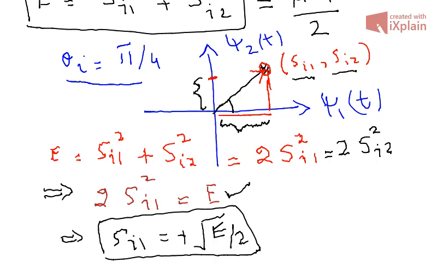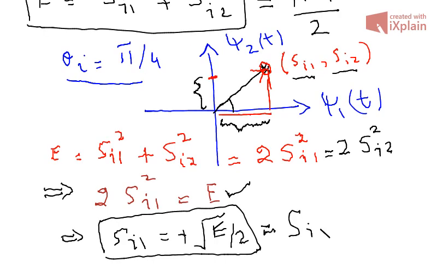Now this is the proof that our ψ1 is equal to this, and this is same as ψ2 for symbol number 1. You can prove it for any other symbol. Just take that particular theta i and verify that these actually equal under root E over 2.